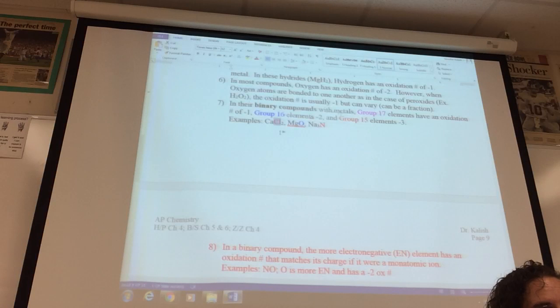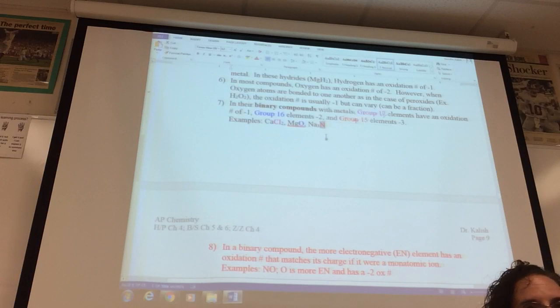In a binary ionic compound, the group 17 piece, which will be the back piece, will be -1. Something hooking up with a group 16 as the anion will be -2.